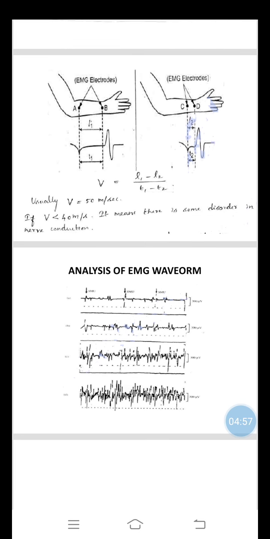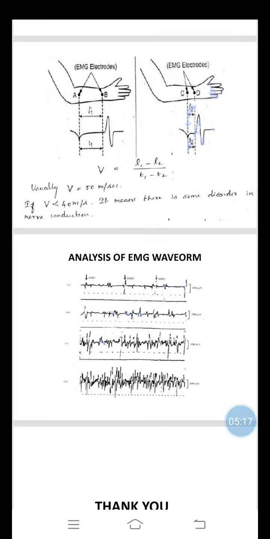Then the EMG waveforms are shown in the figure. Here the EMG waveforms for different places are represented in a pictorial manner, from which, between two different places, the length and time distance for a particular interval and the voltages are given. For the first interval the voltage is 300 microvolt, second 500 microvolt, and it goes on like this.